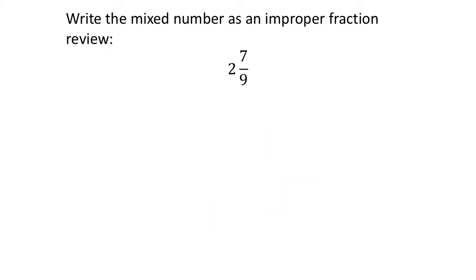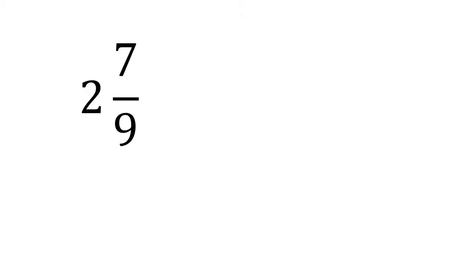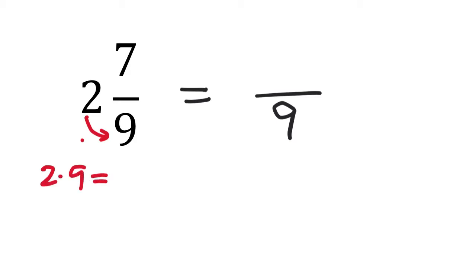So just a quick example of changing a mixed number into an improper fraction. Once again, I know that whatever I get out of this, my denominator will stay the same. That's good, so I'm going to keep it the same. All we're doing is solving for the numerator. So the cycle method would show that we'd have 2 times 9 first, which is 18.